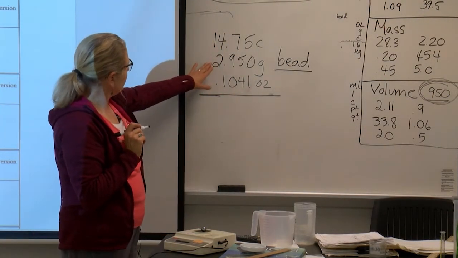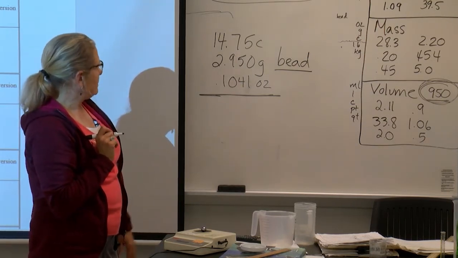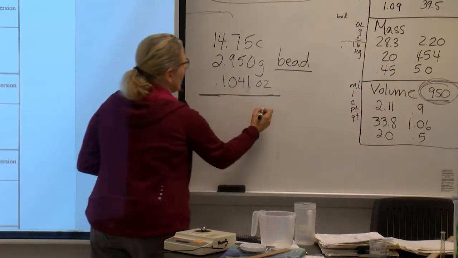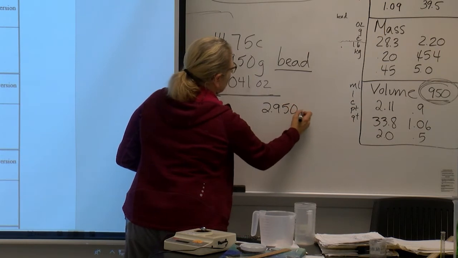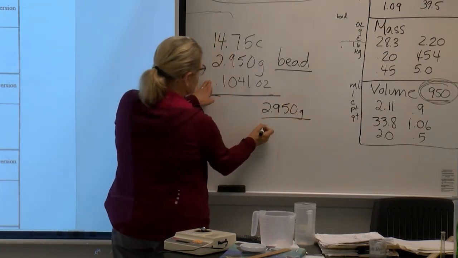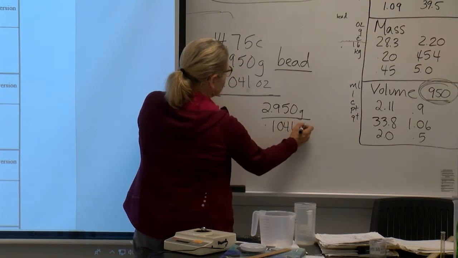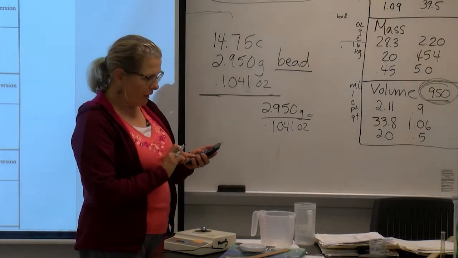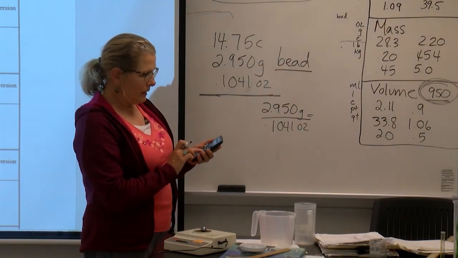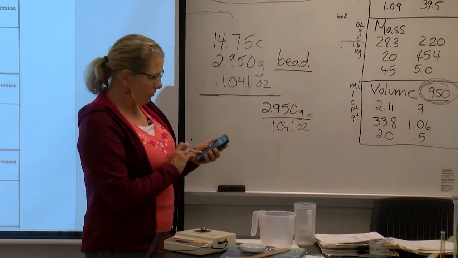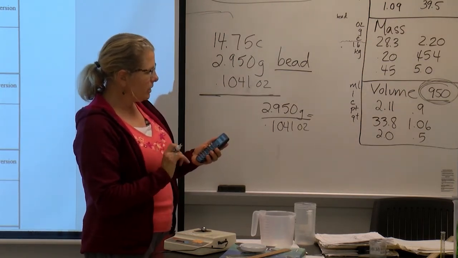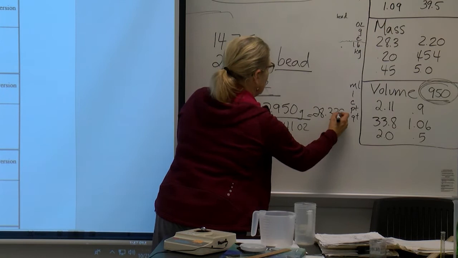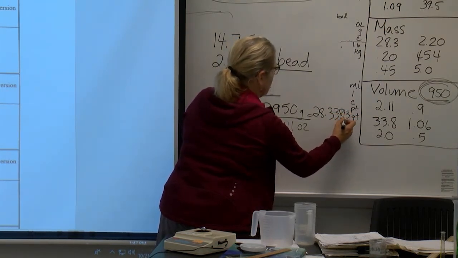Let's use grams and ounces and see if we can come up with a match. So I've got 2.950 grams is the same as 0.1041 ounces. So let's do the math on that. 2.950 divided by 0.1041 equals 28.33813.